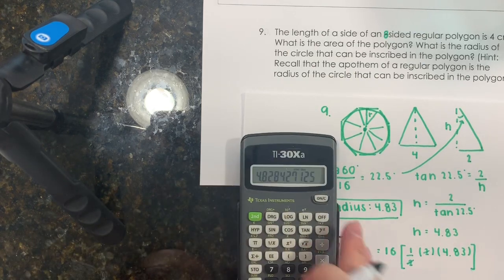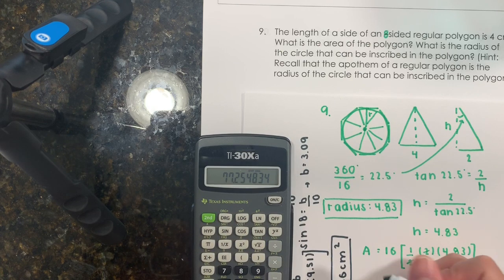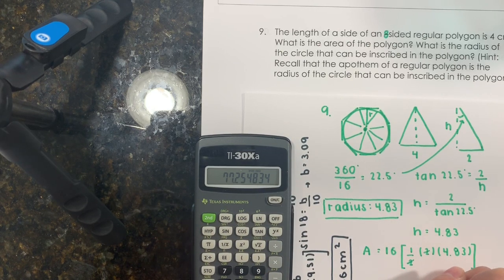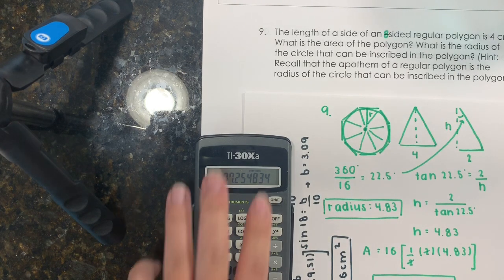So I really just have the height times 16, which would give me 77.25 centimeters squared. And that is your area on number 9.